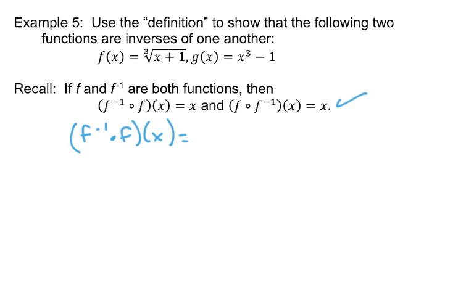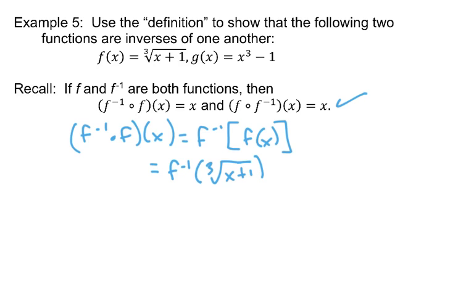Remember that composition of functions means you take the first function, write a bracket, and then the second function. And then you look and see, well, what is f of x? F of x in this case would be the cube root of x plus 1. Now I'm believing that this thing g is the inverse, so that's what I'm going on right here.